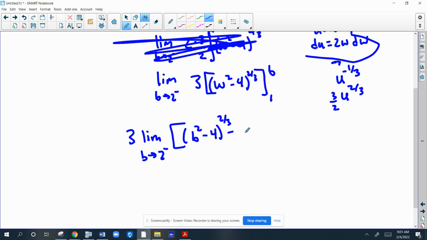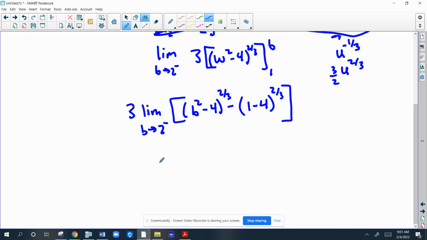And then minus, plug in 1. Apply the limit, as b goes to 2.